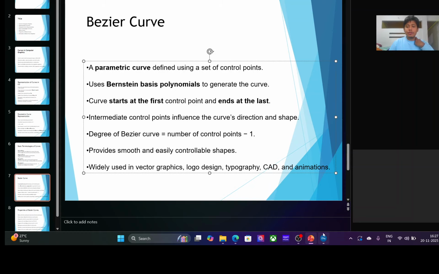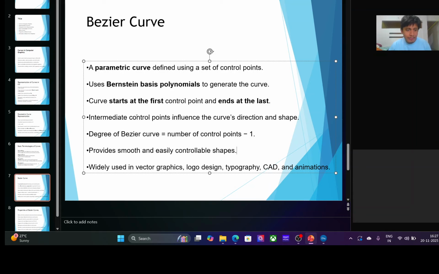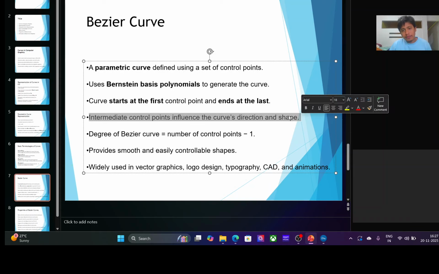Now we are going to understand one example. We have these four points, and this is a Bezier curve, by the way. We had a statement here: intermediate control points influence the curve direction.